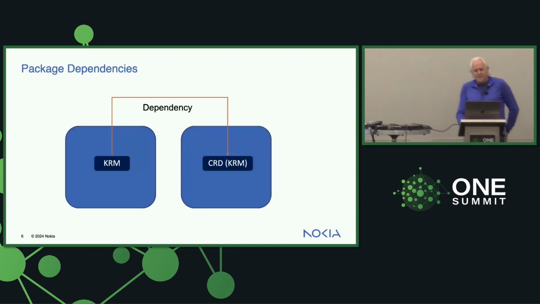Now, it turns out that if you look at how Kubernetes is structured, you have what we call core resources. If you install a Kubernetes cluster, these resources are all available, like a service, a deployment, a replica set. If you have a Kubernetes instance, in every distribution, you get those.